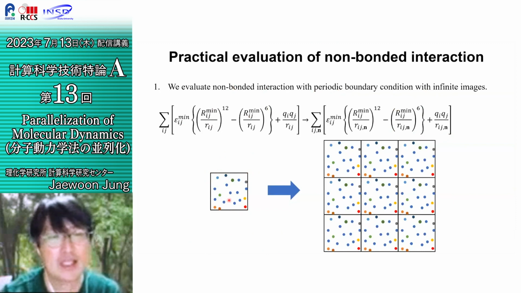In many cases, we need to make an infinite copy of this, and we should consider this system. So basically, each particle has an interaction to infinite distance.